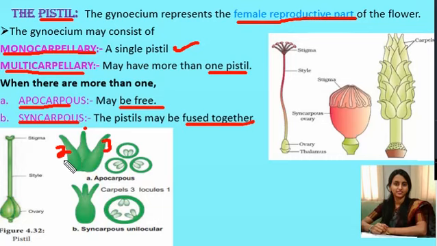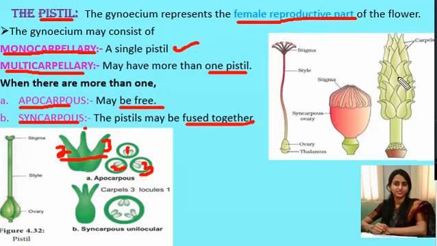When you take the transverse section of such an ovary, we can find three locules. This is locule number 1, locule number 2, and locule number 3. This is because there are three carpels and they are free. Ovary, style and stigma are free. Hence this condition is known as apocarpous.